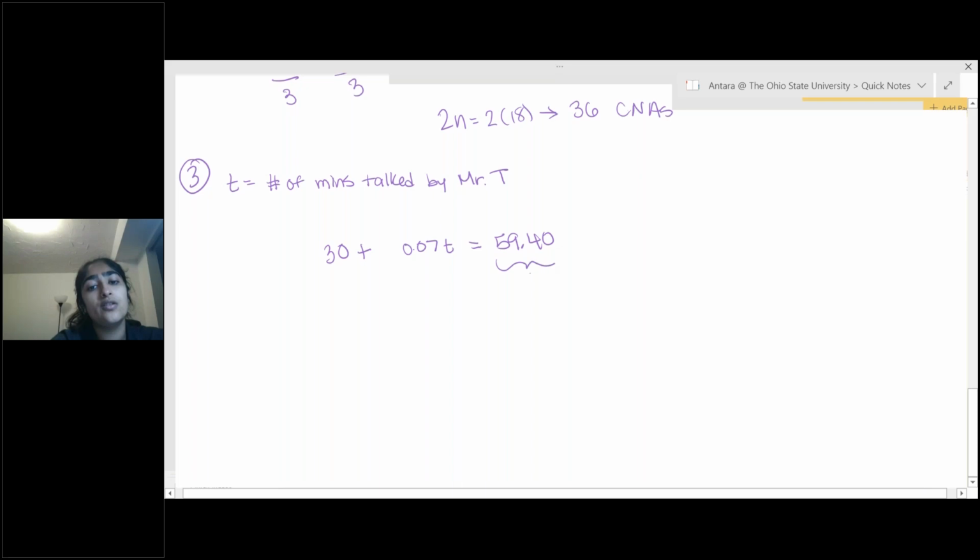So this is the monthly bill. This is for January, and this is the per minute charge.